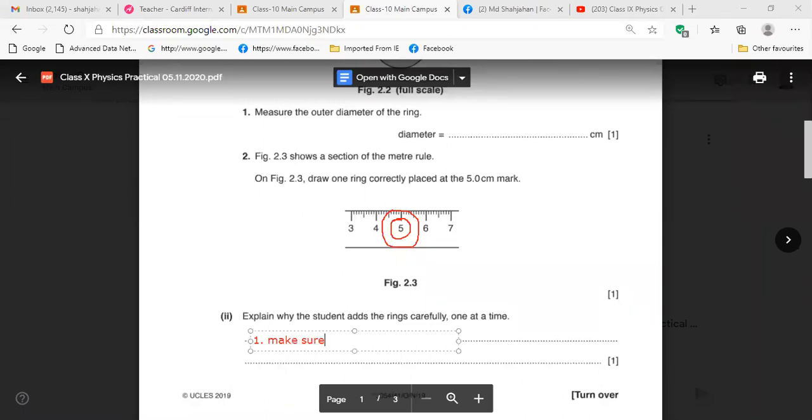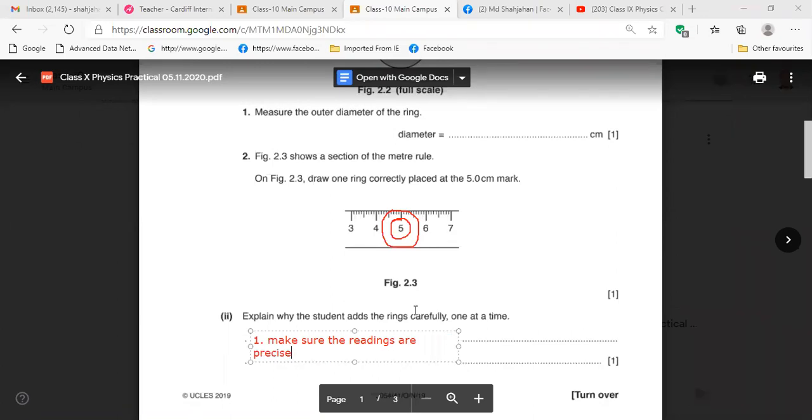Make sure the readings. Make sure the rings are on the perfect readings, on the precise readings. Okay, when the readings are precise, right?